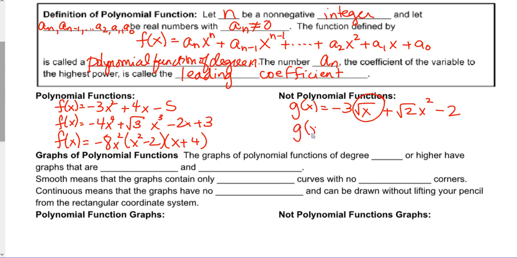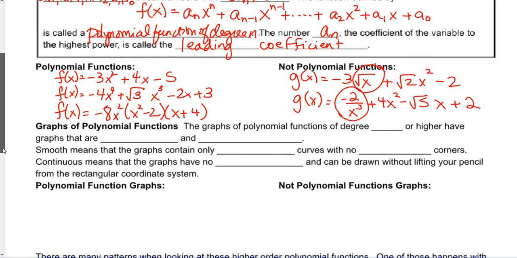Another one would be something like negative 2 over x cubed plus 4x squared minus the square root of 5x plus 2. And the problem on this one is not this guy right here with the square root. It's okay to have a number, but not okay to have a variable. The problem with this one is this guy right here, where you can't have a fraction within there. Remember, they have to be positive powers and all integers.